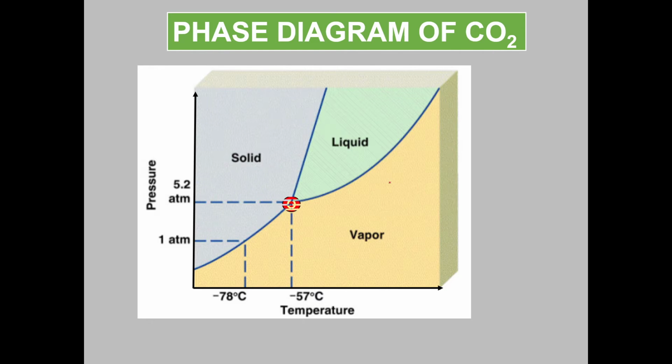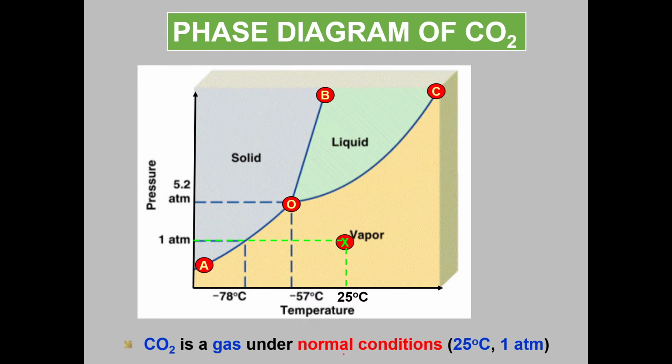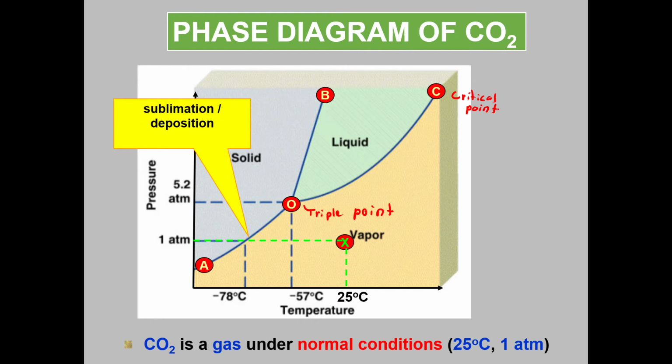Okay, carbon dioxide, under normal conditions, this is how the phase diagram looks. So we have a triple point here. And we have a critical point. Right? Okay.